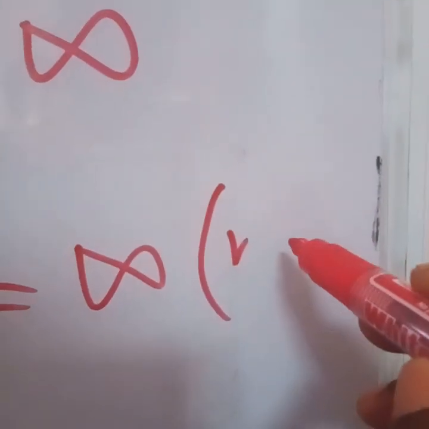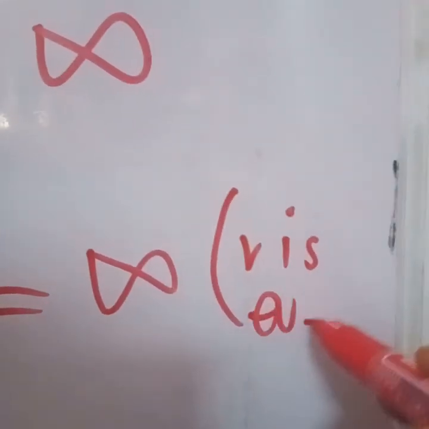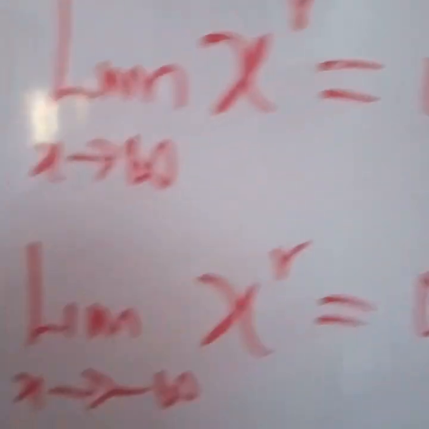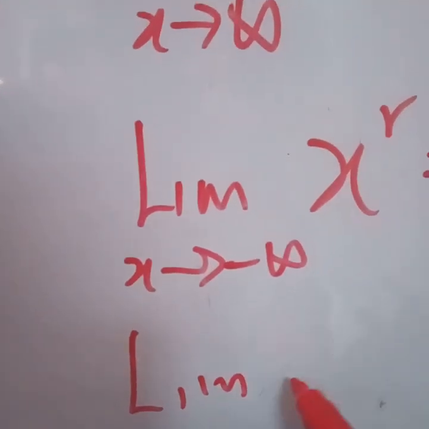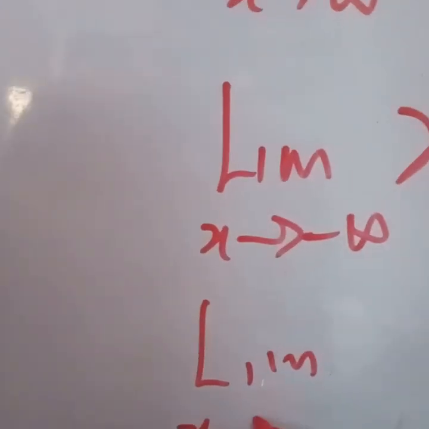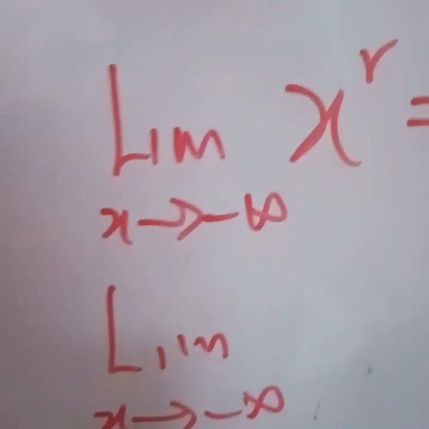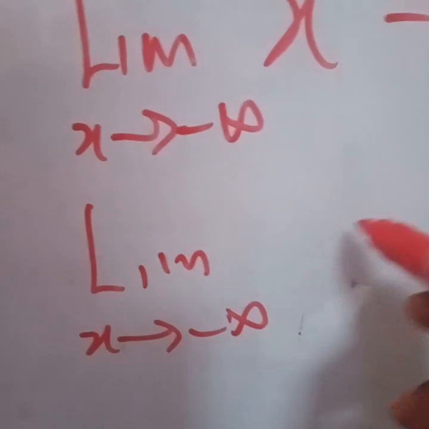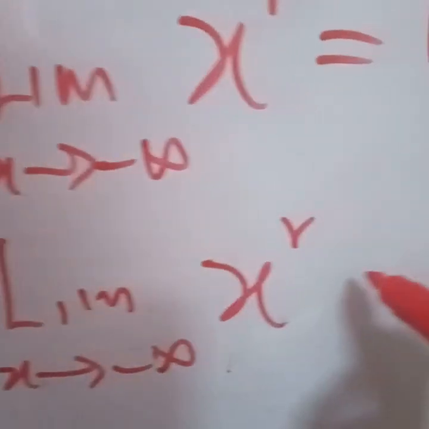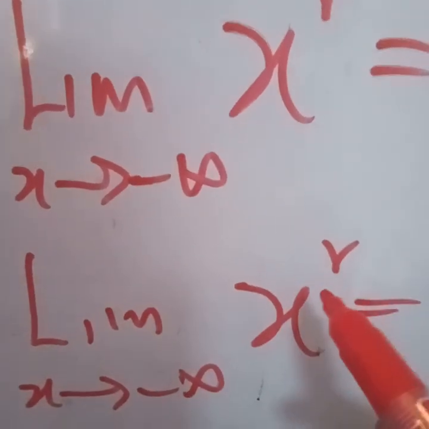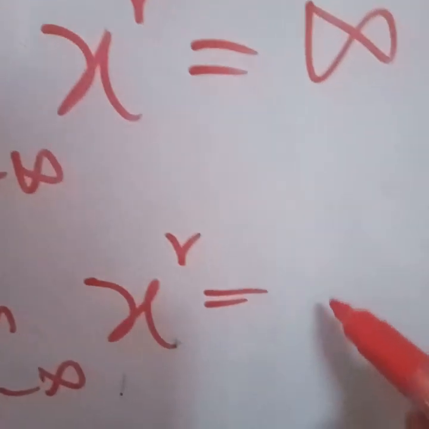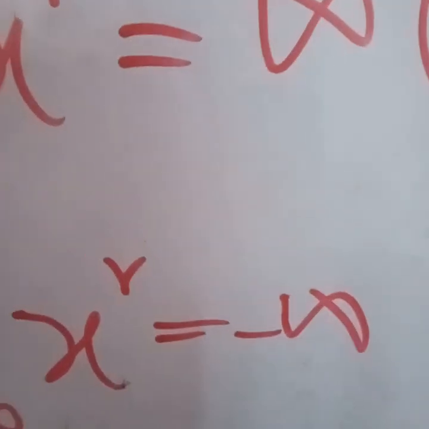Another case is when r is odd, then the limit will be negative infinity.